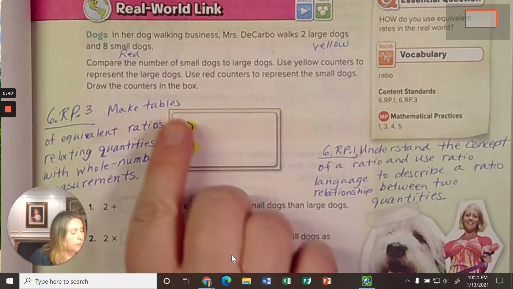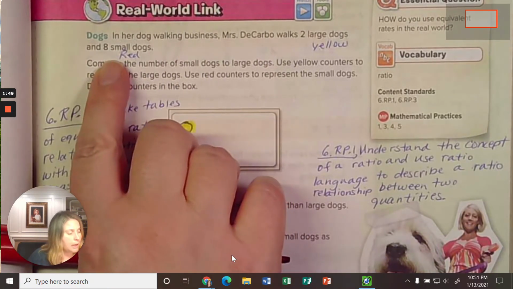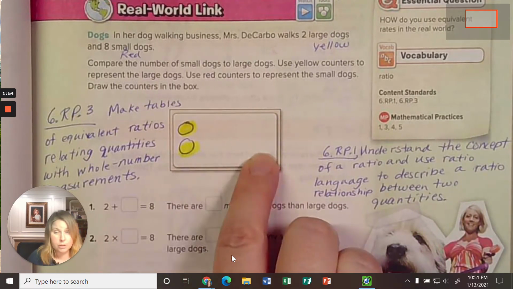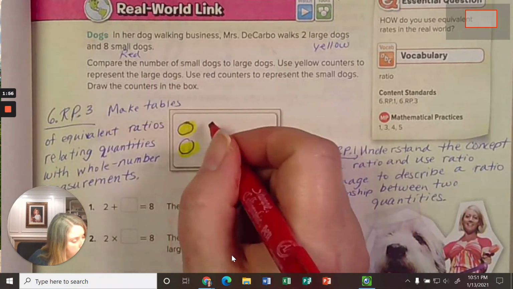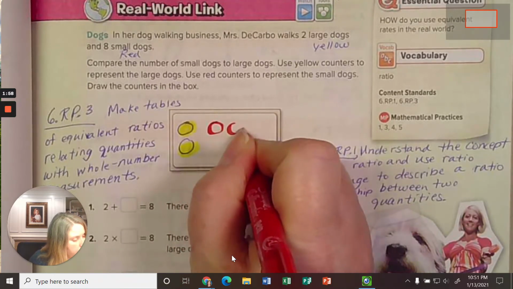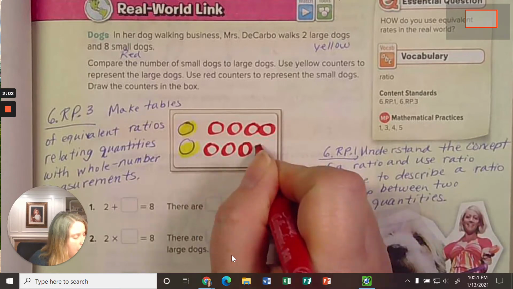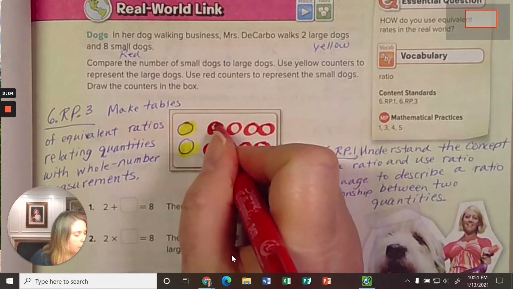I'm going to go ahead and group them together. So I have 8 small dogs. I'm going to match up 4 with that one large dog and 4 with this large dog. Okay, so 1, 2, 3, 4, 5, 6, 7, 8. And I just group those together visually.